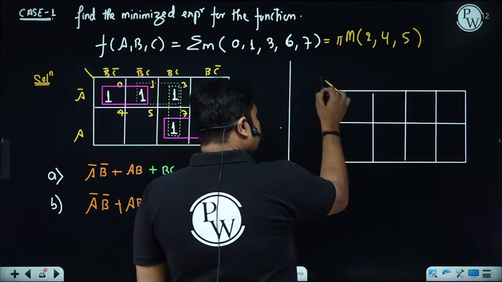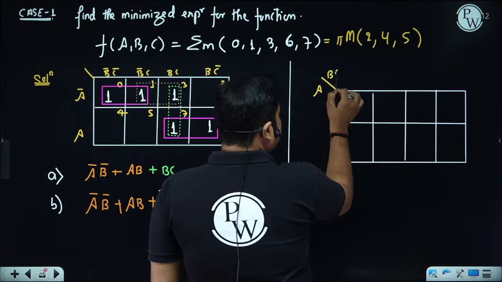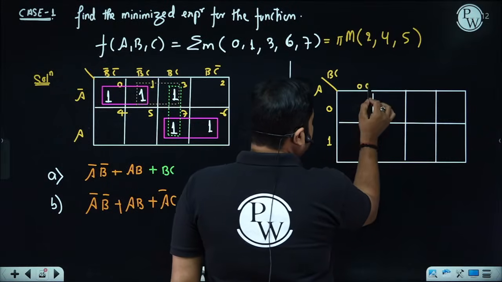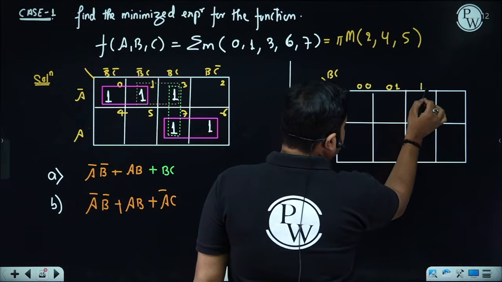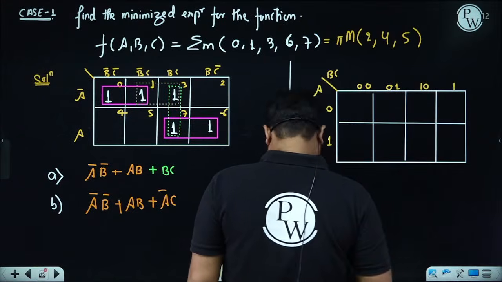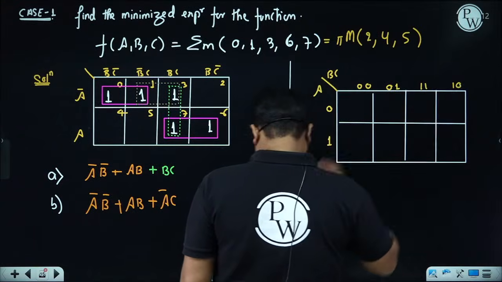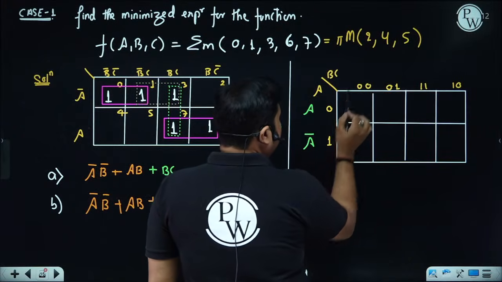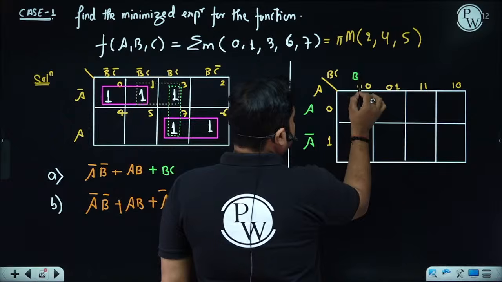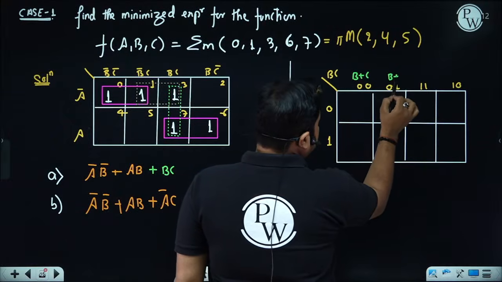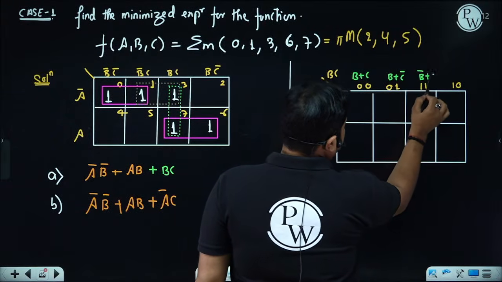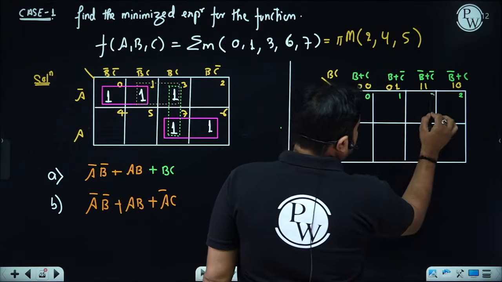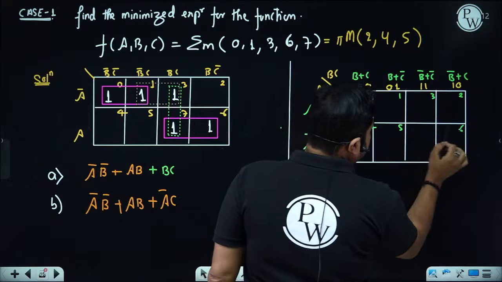Yes, sir. So if POS is used for output logic 0, and we all know that in POS each subblock represents a maxterm, so we have A bar, B bar, B plus C, B plus C bar, B bar plus C bar, B bar plus C. Someone is saying, sir, 0, 1, 2, 3, 4, 5, 6, 7.